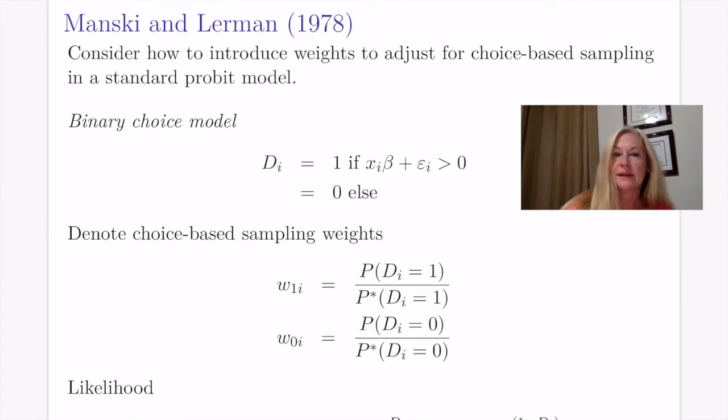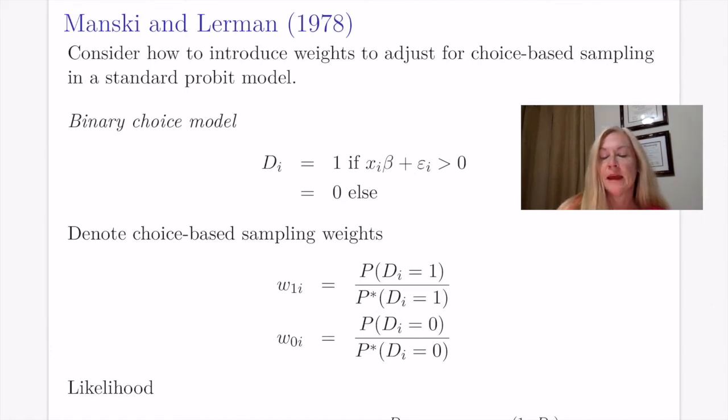This is the basic setup for a standard logit or probit, and these are the weights that we're going to define. This is the ratio of the probability you choose one in a random sample to P star, the probability in a choice-based sample.